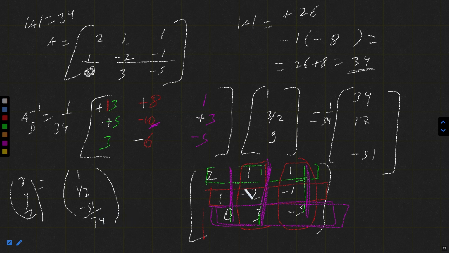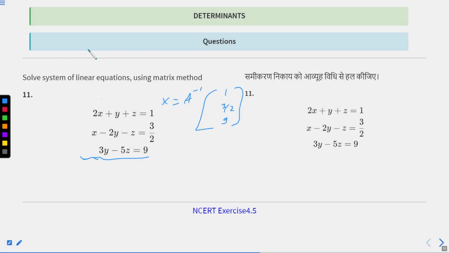And if you try to simplify it further, 17 times 3, you all know, is 51. So it will be 3 by 2. So you will have these as your value: 1 half and minus 3 by 2.